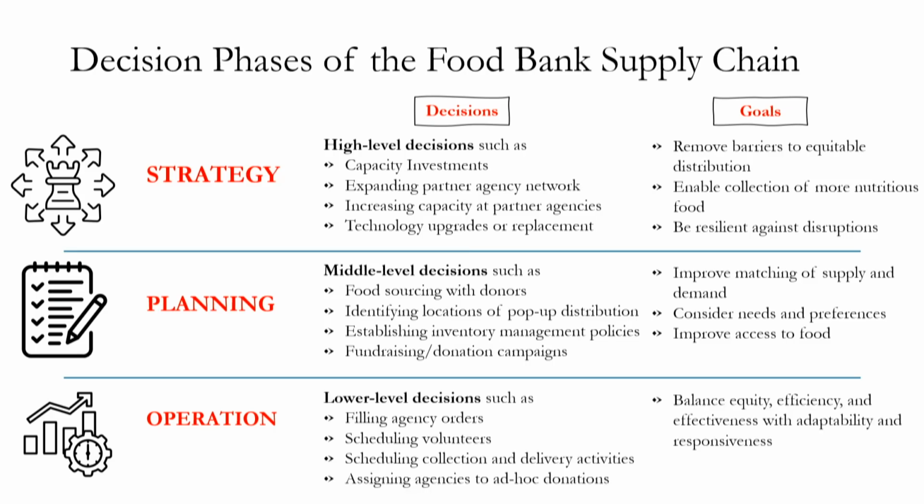Finally, operational decisions involve the day-to-day operations of food banks, and these are lower-level decisions such as filling agency orders, scheduling volunteers, and scheduling the collection and delivery of food. Here, food banks mainly try to balance equity, efficiency, and effectiveness with adaptability and responsiveness, which I'll talk about more in a few slides.